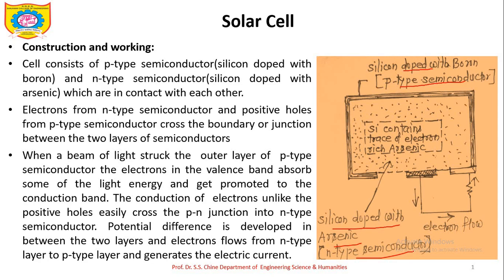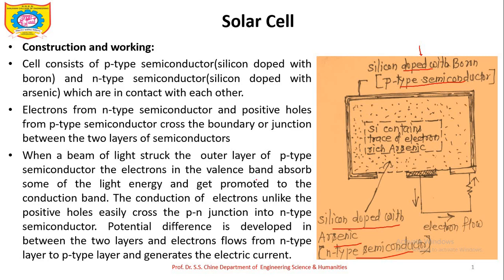Now the beam of light is incident on the P type semiconductor, and positive holes from the P type semiconductor cross the boundary or junction between the two layers. But at the same time, the immobile boron ions remain there, which creates a negative charge.